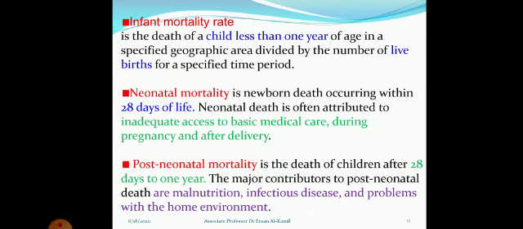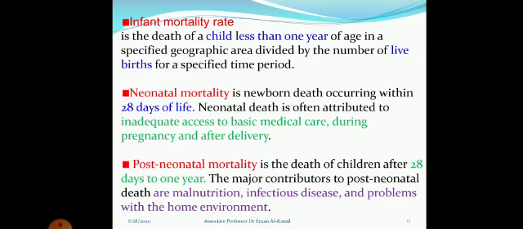It is divided, as we mentioned, into neonatal mortality, which is the number of deaths of newborns during the first month, or the first 28 days of life, divided by the number of live births.